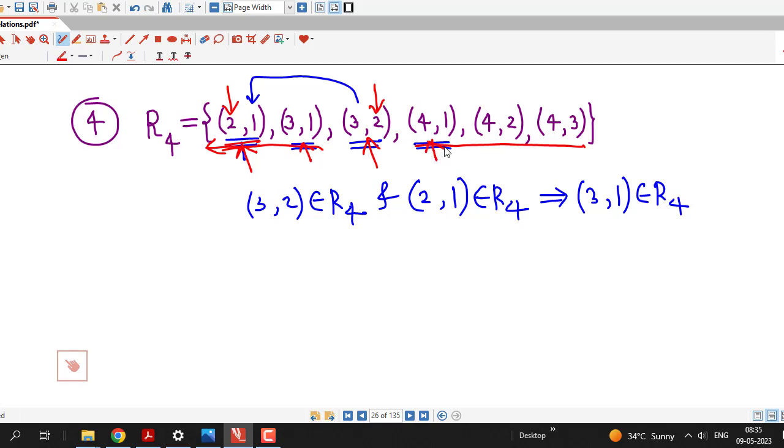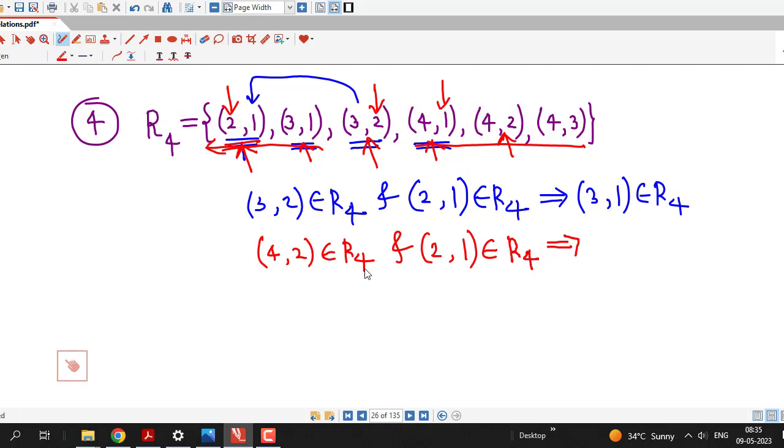Now (4,1) here, so there is no pair whose first component is 1. Then (4,2) is present in R4 and we have a pair whose first component is also 2. So (4,2) belongs to R4 and (2,1) belongs to R4 and this must imply (4,1) belongs to R4. So that is also satisfied and there is no other pair whose first component is 2.